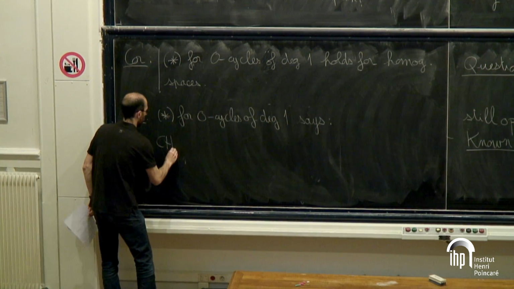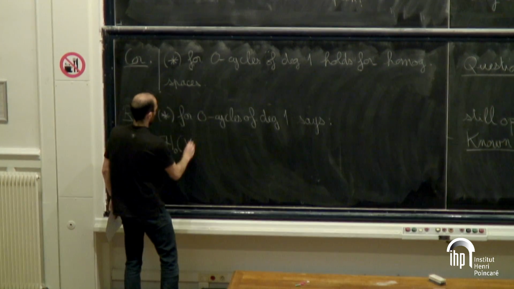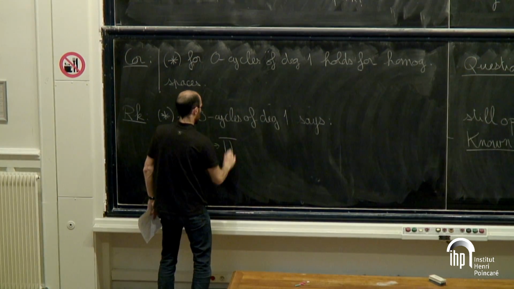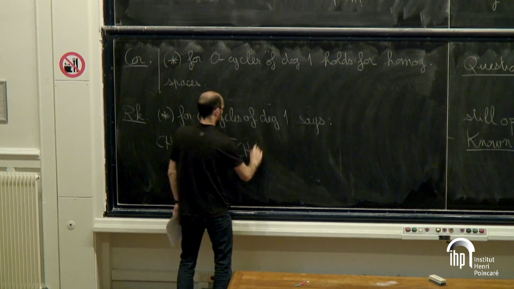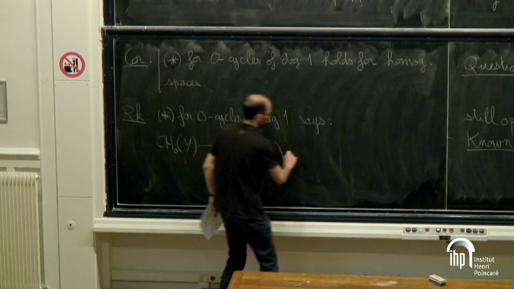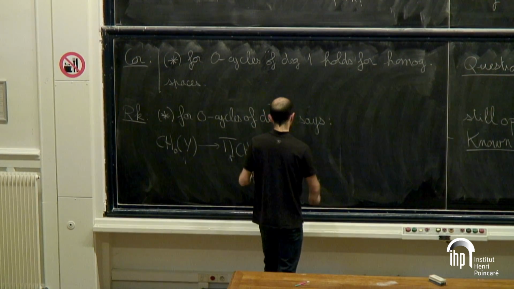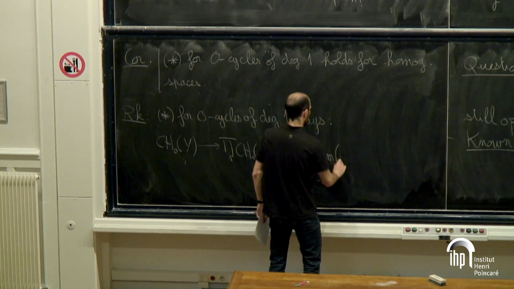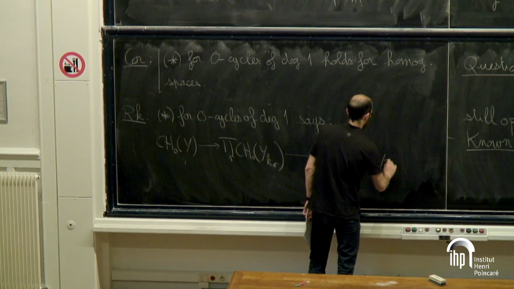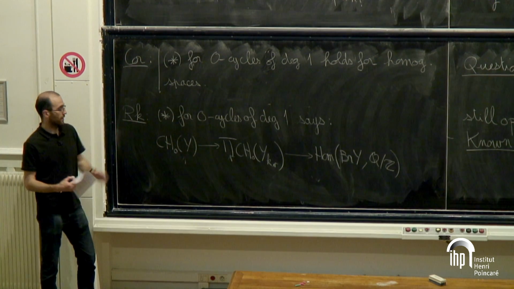You're interested in the Chow group of 0 cycles for the smooth compactification of the homogeneous space. You map it to the product of the local analogs of this group, and you have a natural extension of the Brauer-Manin pairing to 0 cycles. So you get a map to the dual of the Brauer group of Y, and essentially the conjecture says that this sequence is exact.